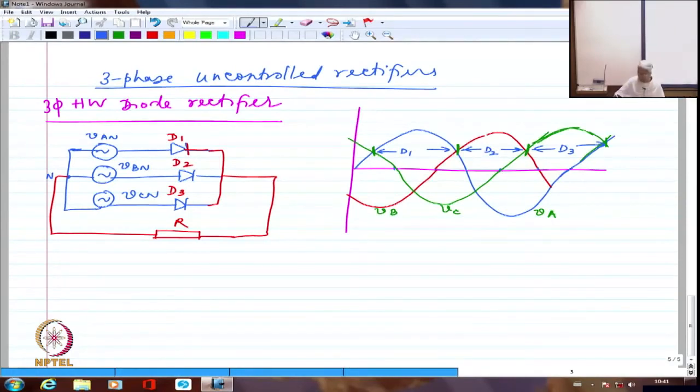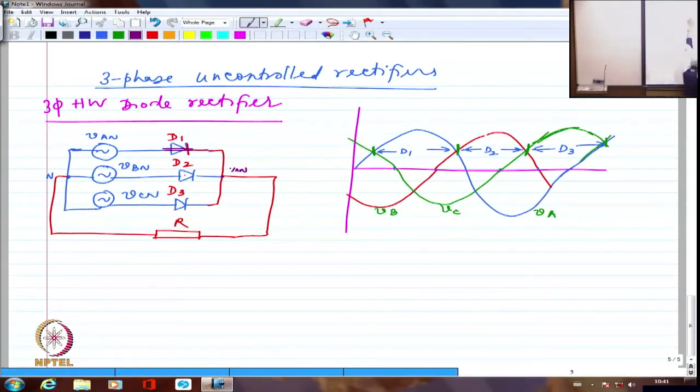When D1 is conducting, it is as good as a short circuit, right? When D1 is conducting, if I try to look at the voltage across D2 and D3, VAN will come here at this point because D1 is conducting. So this voltage will be VBA, this voltage will be VCA. Do you get my point?